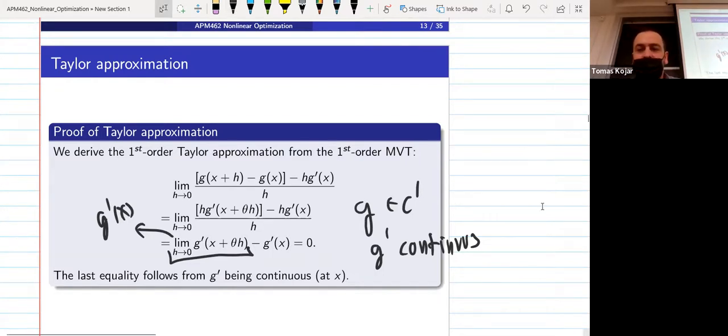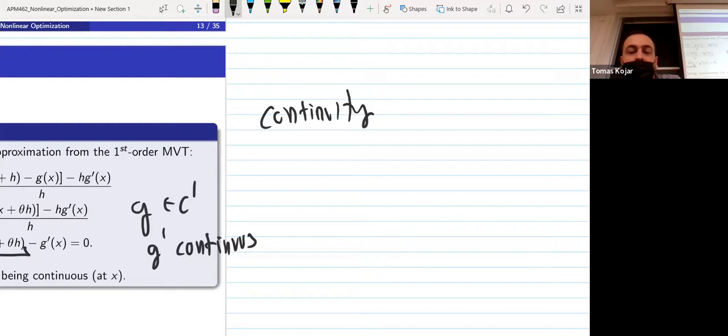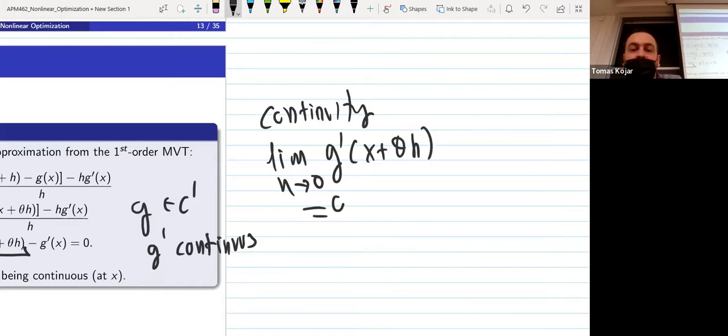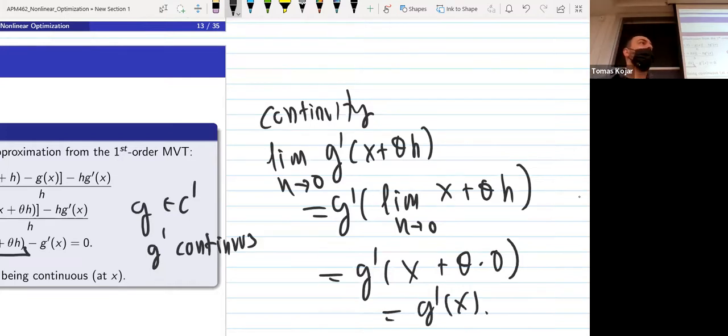So let me do it on the side because it's not complicated. So continuity says the following, that the limit of h going to 0 of g prime is equal to g prime of the limit. But this is just g prime of x plus theta 0, which is g prime of x. Is that okay? Just reviewing.